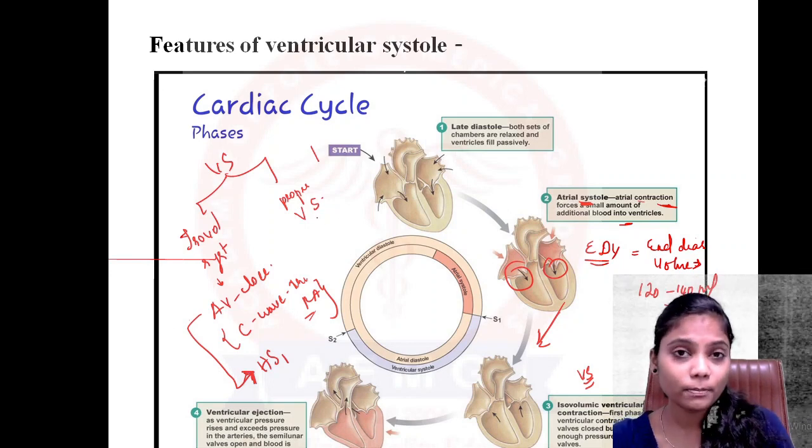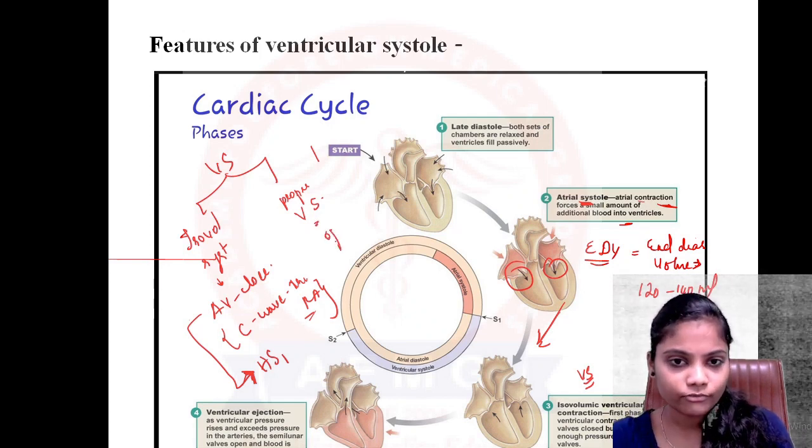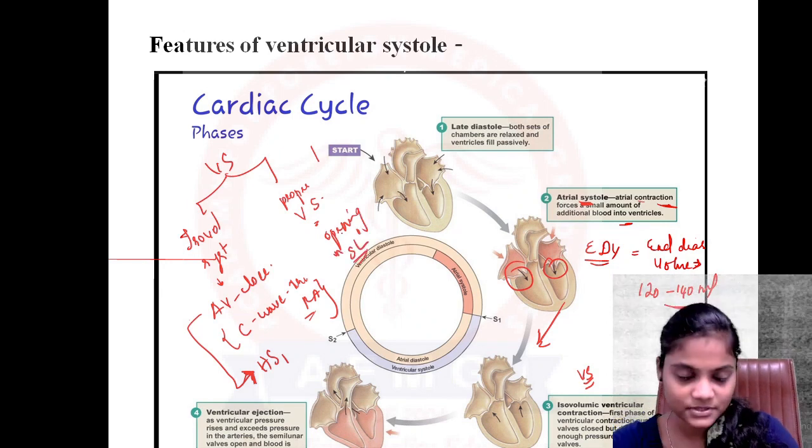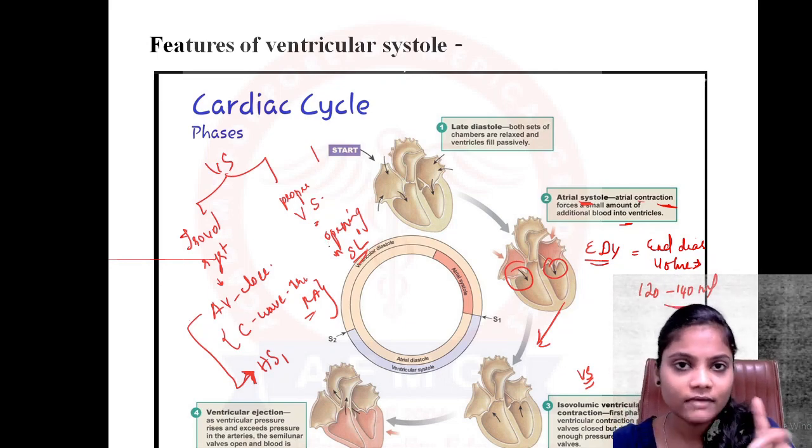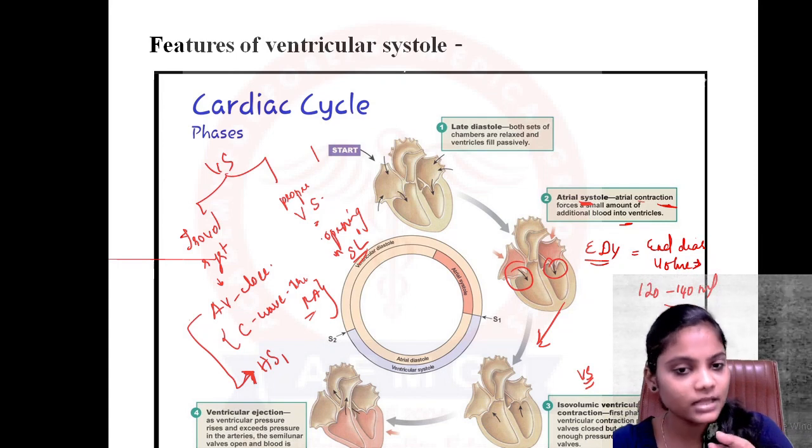Then regarding the proper ventricular systole, there will be opening of the SL valves. Opening of SL valves means your semilunar valves, your pulmonary valve and your aortic valve. Your AV valves are closed first, so that is why they have been given the changes of the C wave and heart sound 1.